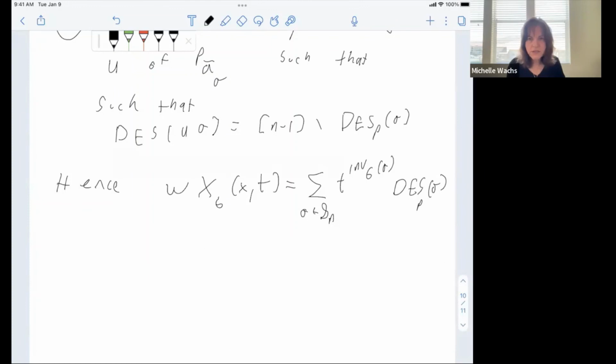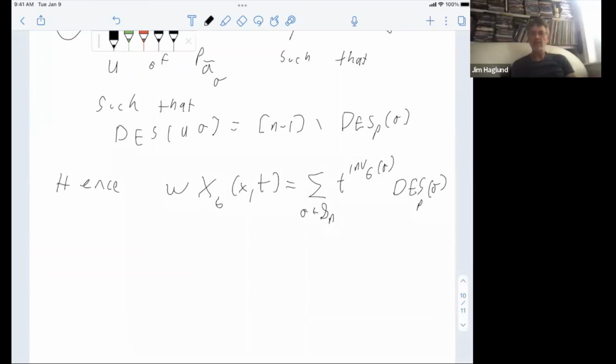Well, you can do that also for the Eulerian polynomials by writing them as sums and products of unimodal polynomials. There are special cases of these Q hit numbers, so it's probably the same thing.